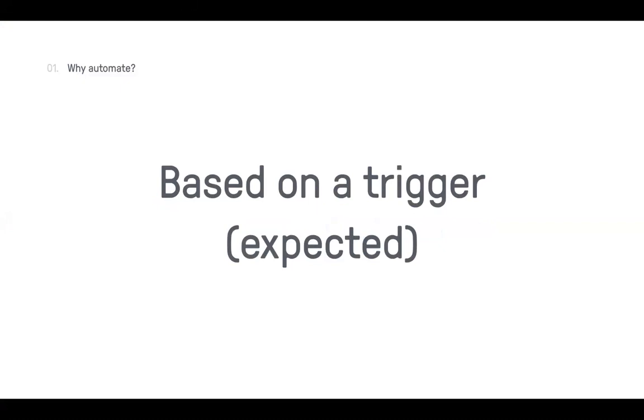So it means that this customer is expecting to get that message, regardless whether it's going through email, SMS message or any other channel. It is based on a trigger where a customer or a subscriber makes an action, and then they get a message. So for example, if I'm signing up for a newsletter, I expect to get a welcome email. And this is why it's based on a trigger.